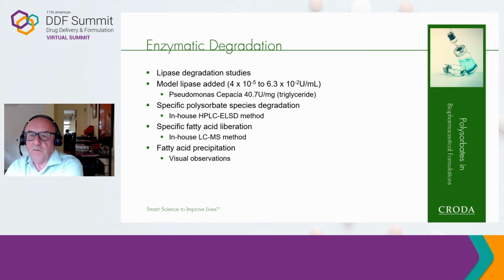And for these studies, we've added lipase at a particular concentration so that we can monitor degradation every hour for 24 hours to show the onset and the progress of degradation. In the case of polysorbate 20 in particular, we also backed this up with visual observations so we can monitor precipitation. And this is performed with 2 different concentrations of lipase over a 6-month time period.